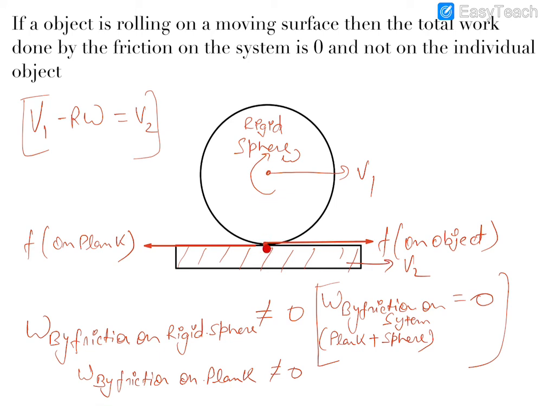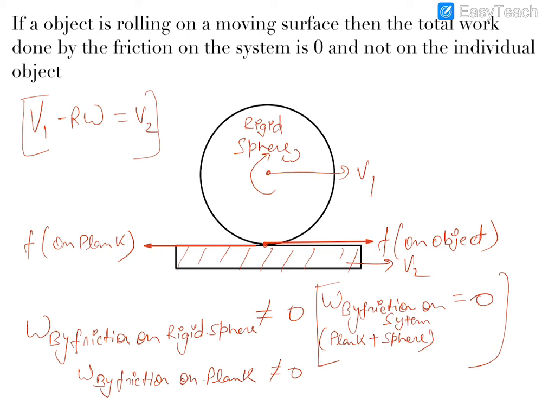So the displacement of this point on this body and on this plank would be equal. But the friction, rolling friction, which is acting on this rigid body, is, let's suppose it is acting on the body in the forward direction, and then this rolling friction would be acting on the plank in the reverse direction, because friction is an action reaction force which follows Newton's laws.